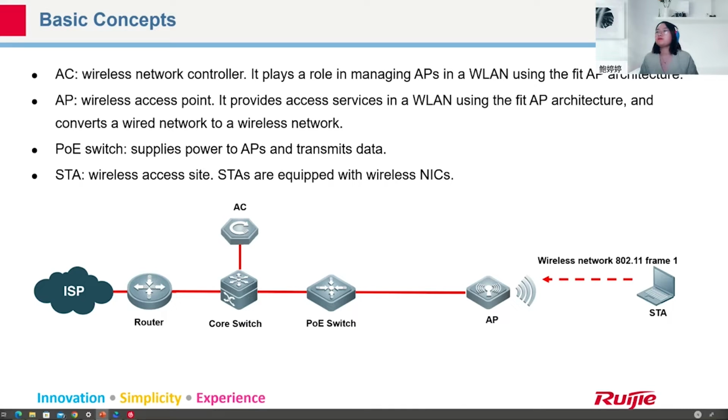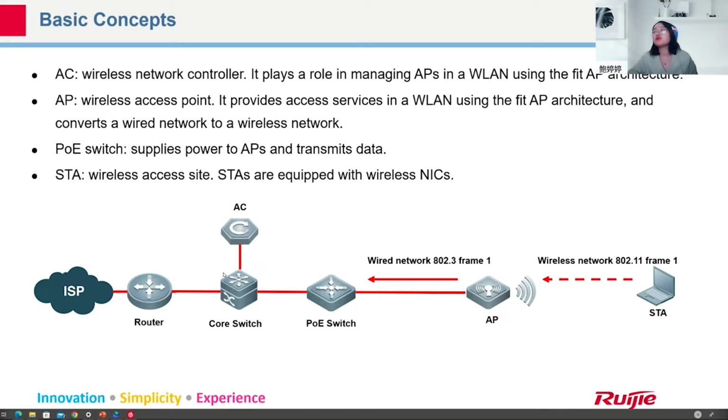The speed is different. And then the AP will receive the message from the station, right? And then the AP will convert the 802.11 message to 802.3. 802.3 is usually the protocol of the Ethernet. And then it is sent to the PoE switch.